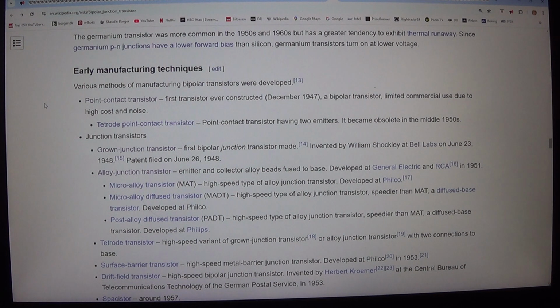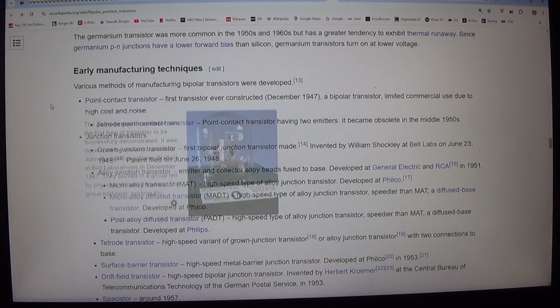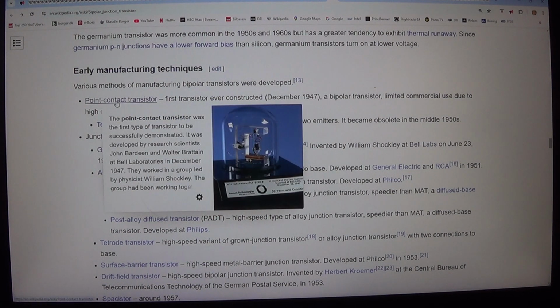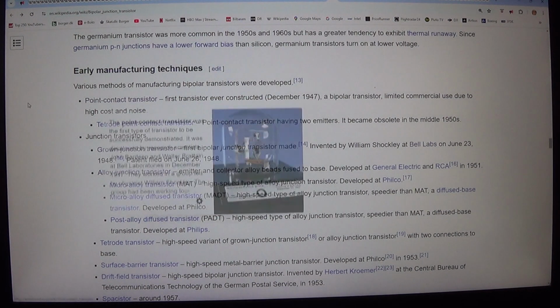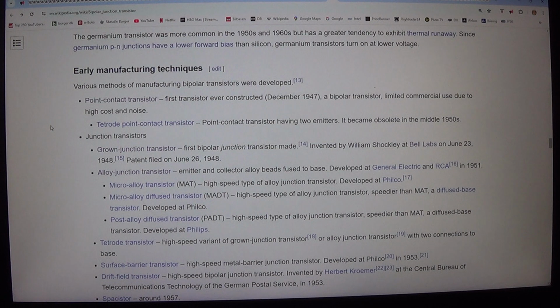Various methods of manufacturing bipolar transistors were developed. One, point contact transistor, first transistor ever constructed, December 1947, a bipolar transistor, limited commercial use due to high cost and noise. One, tetrode point contact transistor, having two emitters.